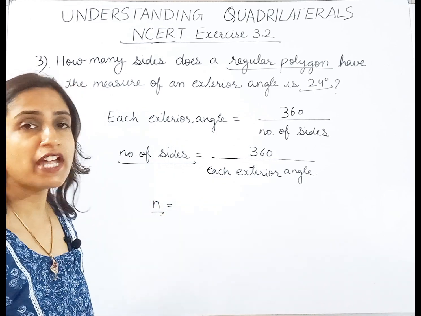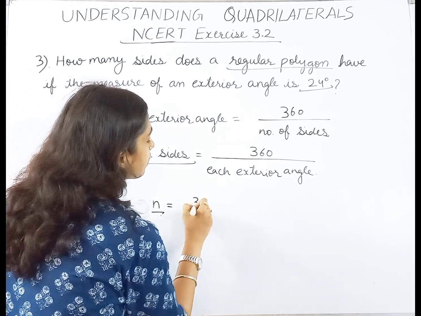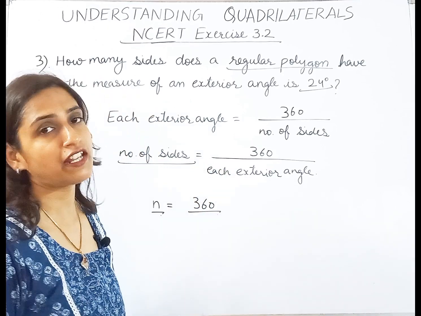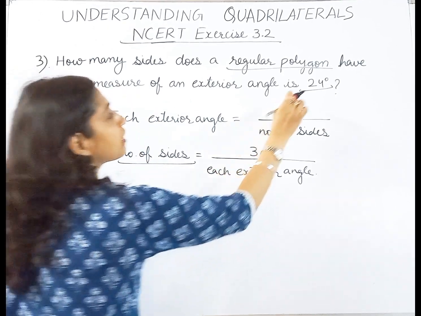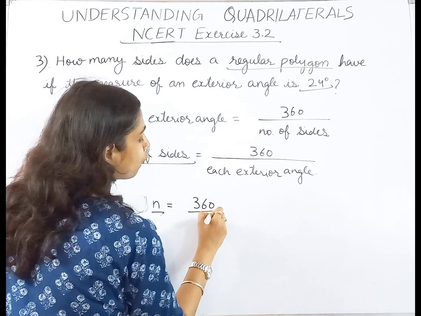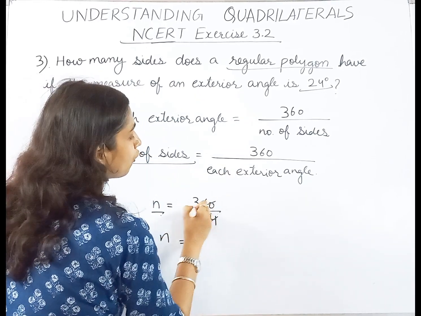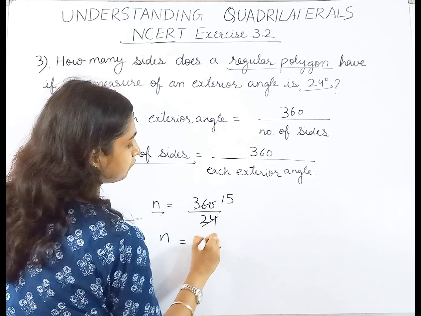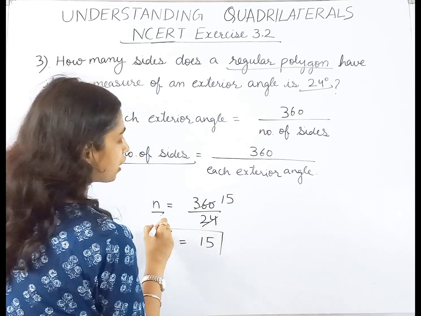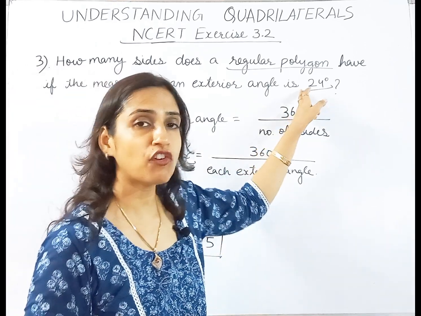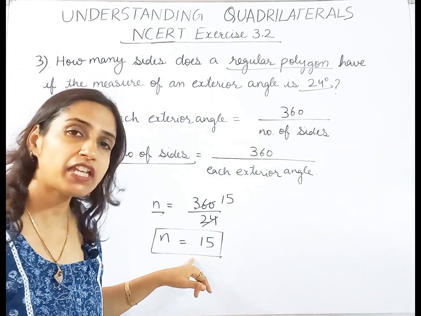Therefore, the number of sides is equal to 360 divided by the value of each exterior angle, which is given to us, 24. So the value of n comes out to be equal to 15. So the number of sides of a polygon having exterior angle 24 is equal to 15.